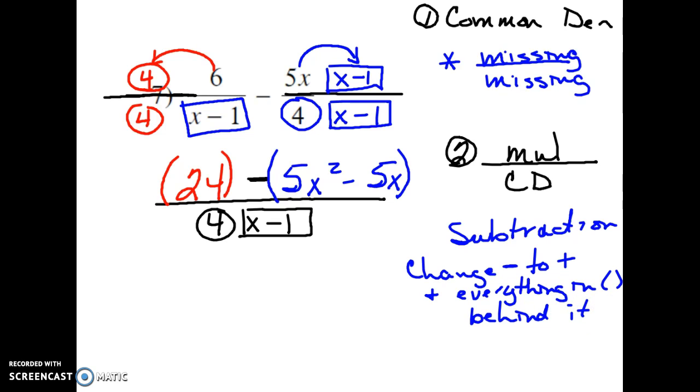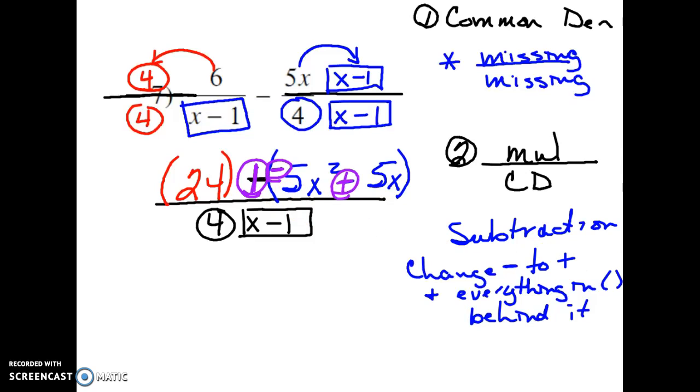So what does that mean? It means I'm going to change this minus sign right here in between to a plus sign, but if I do that, then I have to change everything in the parentheses behind it. This positive 5x squared has now become a negative 5x squared. And I'm circling it so you can see I changed it. So I changed what's in the middle, I changed the 5x squared, and I also have to change this minus 5x to a plus 5x. It's got to become the opposite.